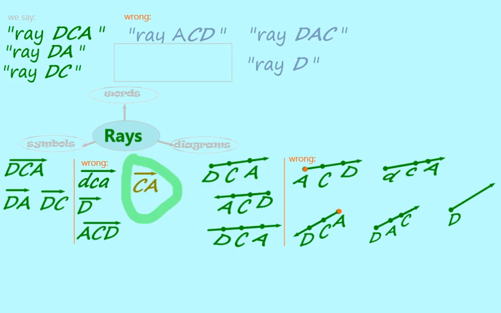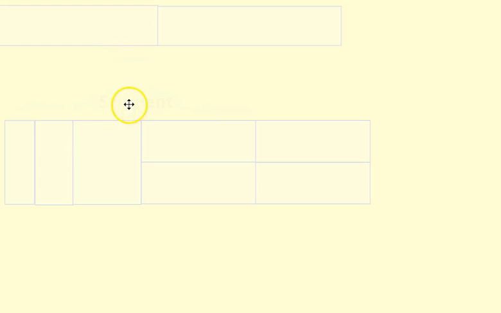It's just that it starts at C and goes indefinitely through A. And whatever happened before C is not a part of that diagram. So that object is hidden in a bigger ray. And in words, of course, we can say ray CA.